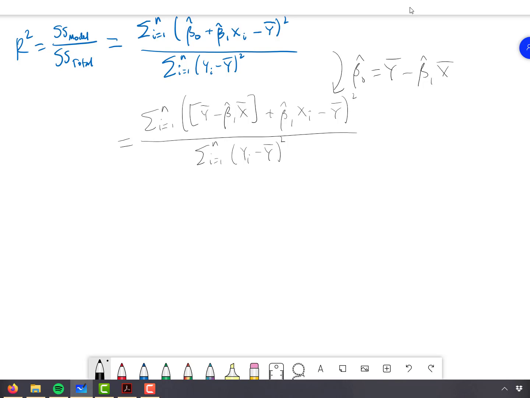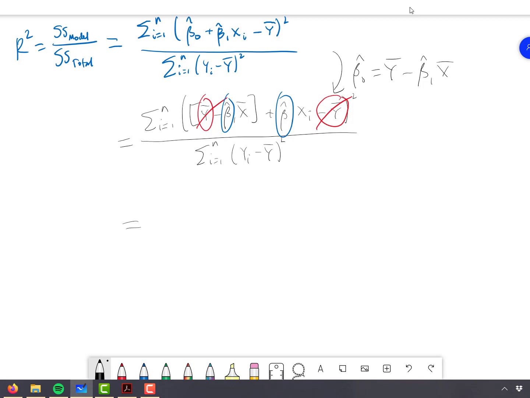The next thing we can do from here is note that we have a few terms that can potentially cancel out with each other. For example, we have y bar minus y bar there, so both of those get canceled out. Another thing we can note is that in this case, beta hat 1 is a constant. It's some term we've solved for. So for each one of these, we could factor those out and pull them out in front of our summation symbol.